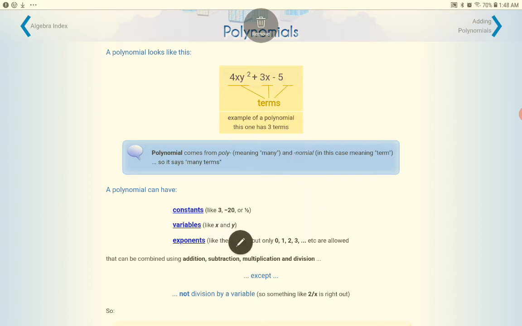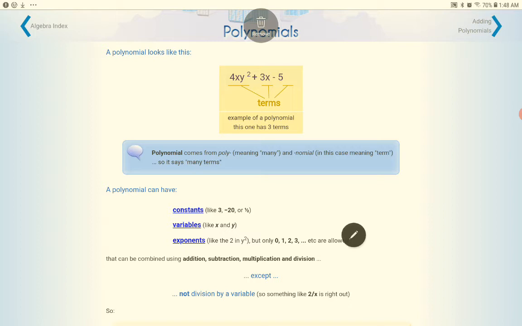And it also can have exponents on those variables, but the only exponents that are allowed are whole numbers. That's the non-negative integers. So that's 0, 1, 2, 3, 4, 5, 6, 7, 8, 9, 10, as big as you want to go, as long as they're the counting numbers, starting at 0. So my exponents here are, the x has a 1, that y has a 2, this x has a 1, so all those exponents are whole numbers.